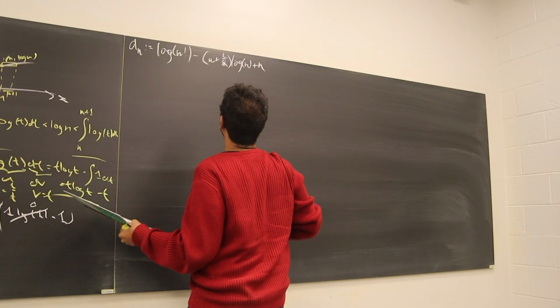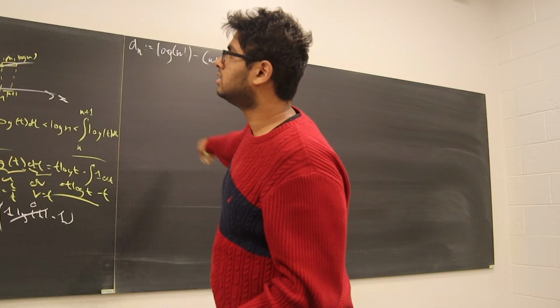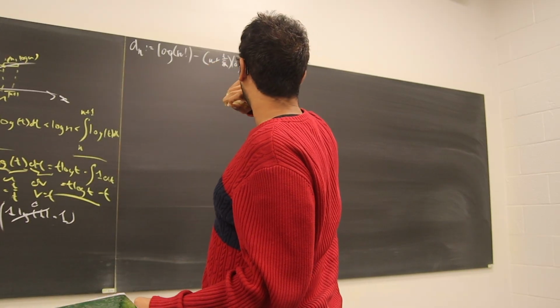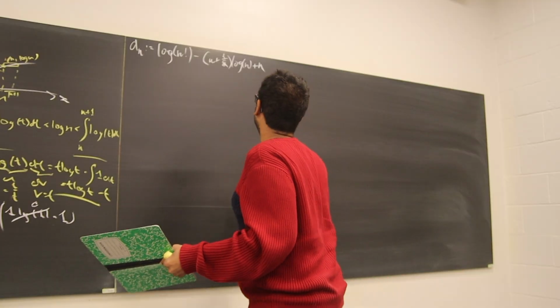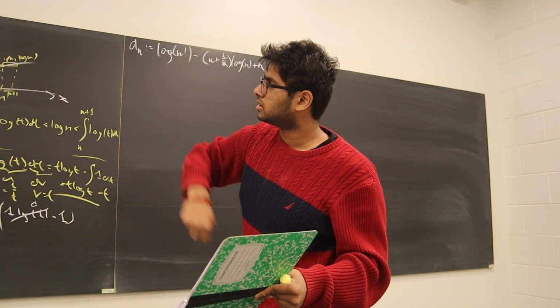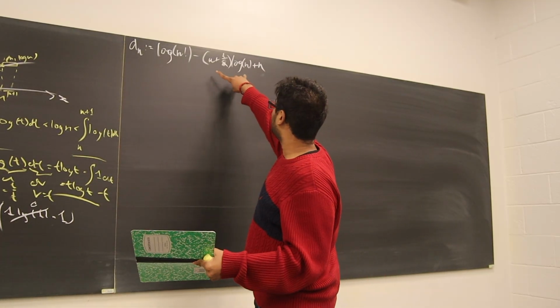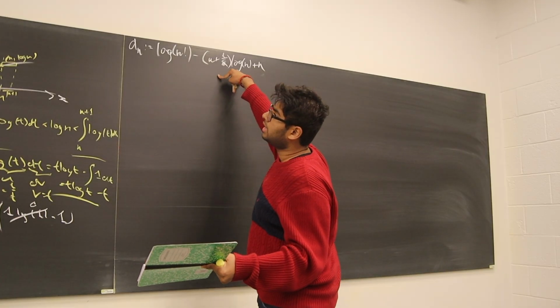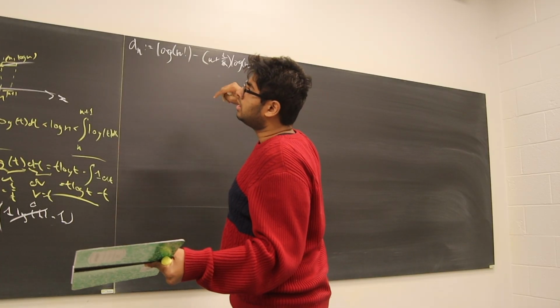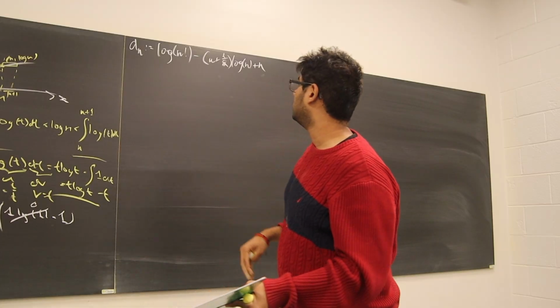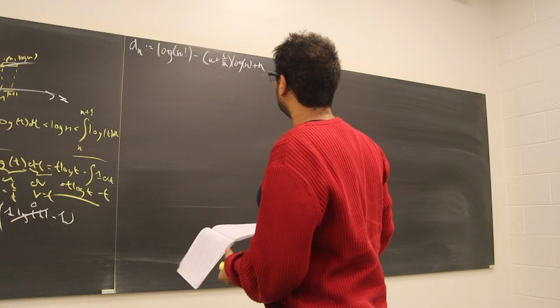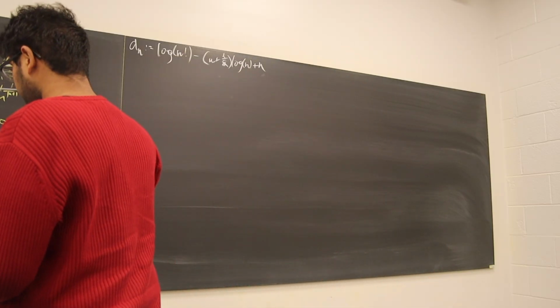Already you can see a lot of the semblance of the original formula. When we exponentiate, this n will become an e to the n, so e to the negative n is kind of there. N plus 1/2 log n, take this to an exponent, you get n to the n plus 1/2. And the root 2 pi will come later, don't you worry. So this is kind of the idea.